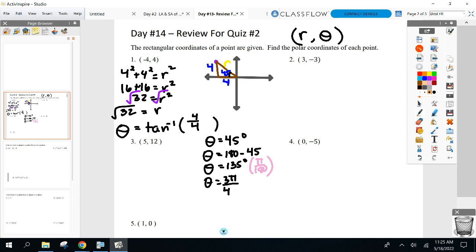And then you just put it back in. All good? Yes. So here's my final answer. Radical 32, comma, 3 pi over 4. There's my final answer. We okay?